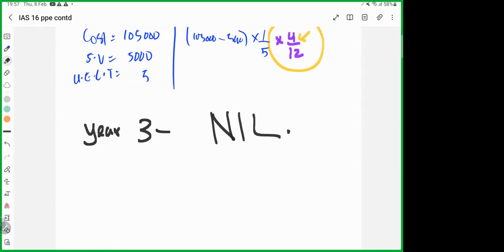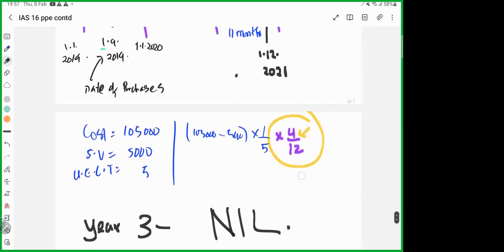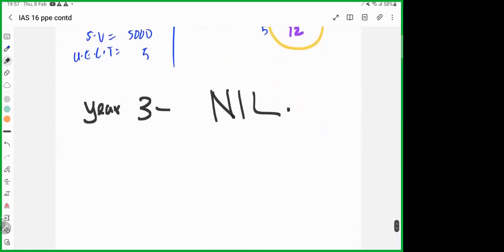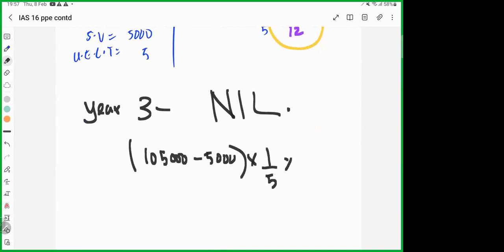The problem is that we're not focusing. And then they're going to give you one answer like this. I'll show you. One answer will be 105 minus 5 into 1 over 5 into 11 over 12. They'll give you this answer also.